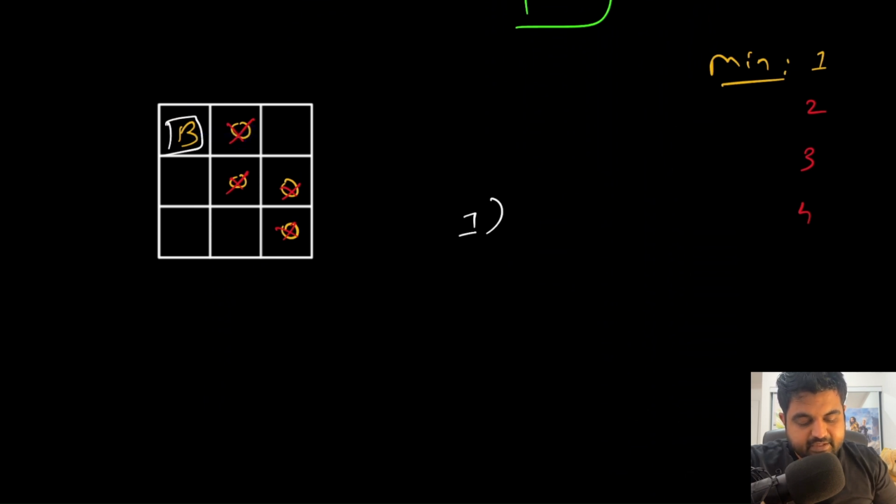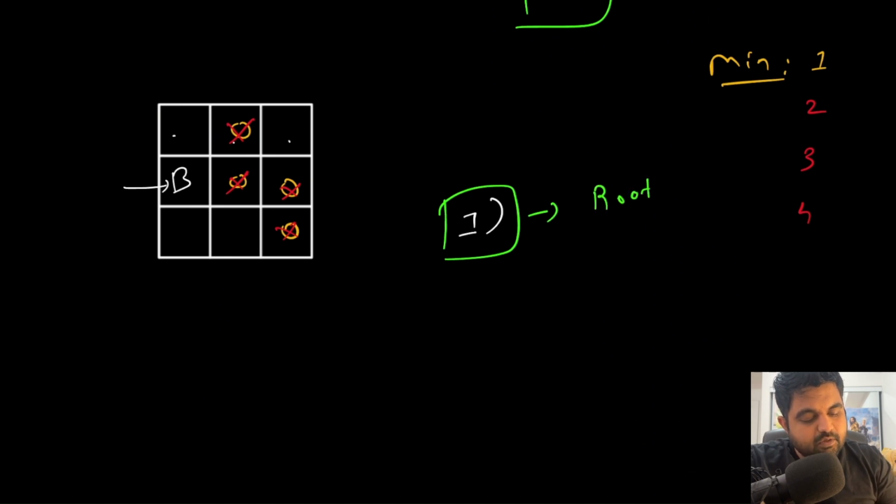So far we were lucky that the very first element was actually a rotten element, but let's say in the same scenario, instead of this being rotten, what if this was a rotten orange? Once again, the answer would still be 4 minutes, but in this case we would have iterated over all of these cells before finding this rotten cell before we start branching out. So that is number one thing, that we need to first of all find what is a rotten orange.